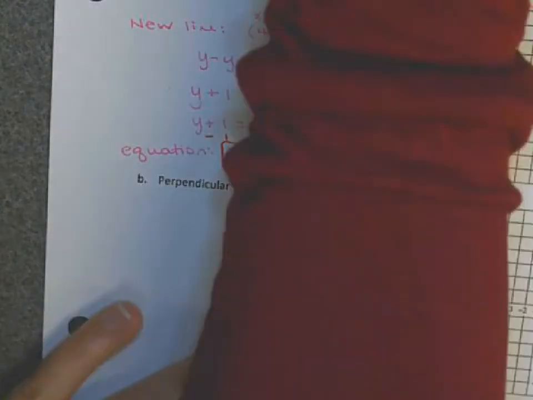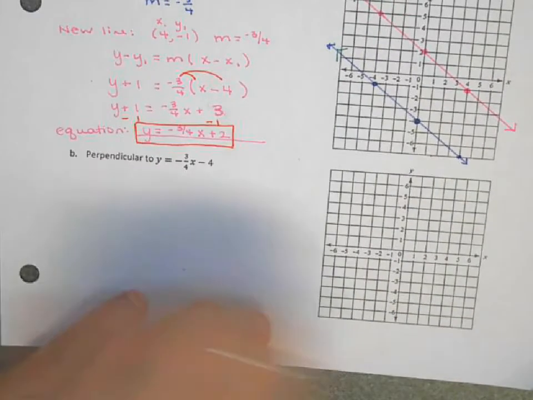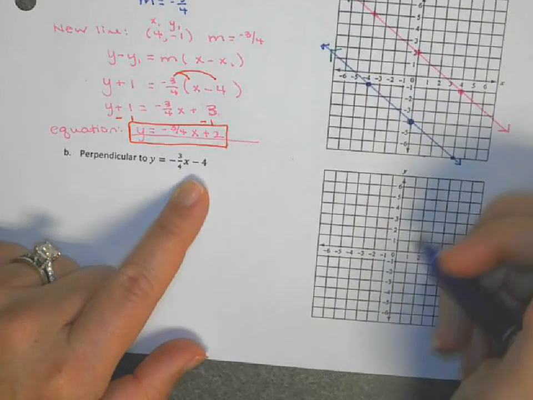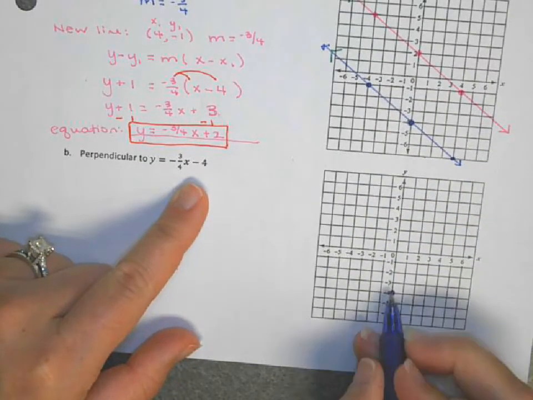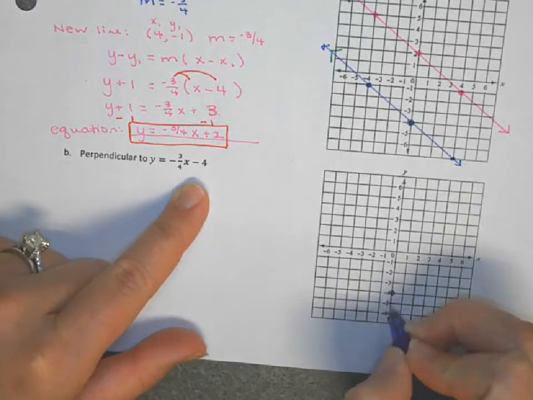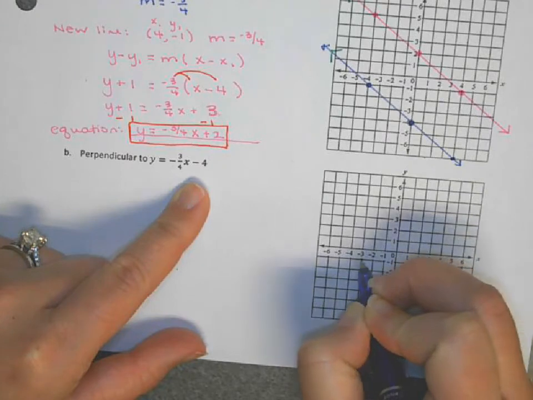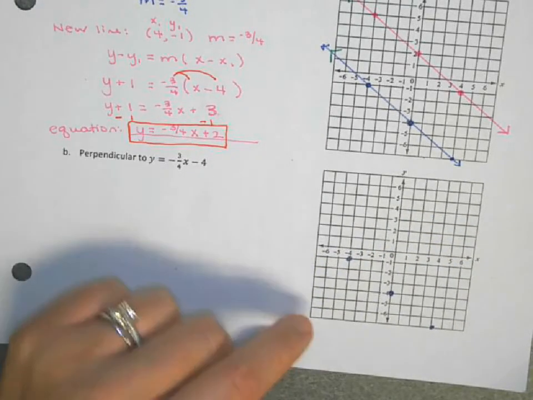So the first thing I'm going to do is graph the line that they gave to me. So 0, -4. This is the exact same blue line as I originally had up there. So 0, -4 is my y-intercept. And I'm going down 3, right 4, up 3, left 4, and connect it with my straight edge.